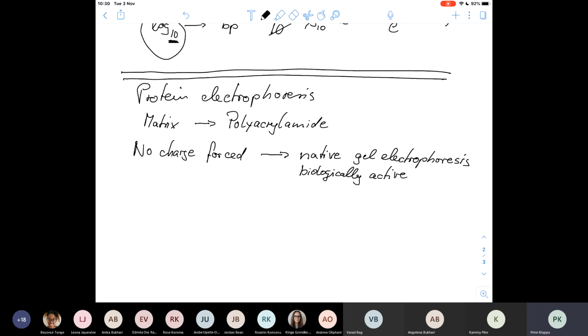However, we can force a charge on the protein, and we do that by denaturing the protein. We usually use heat.